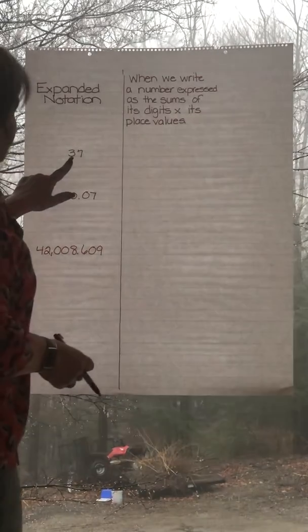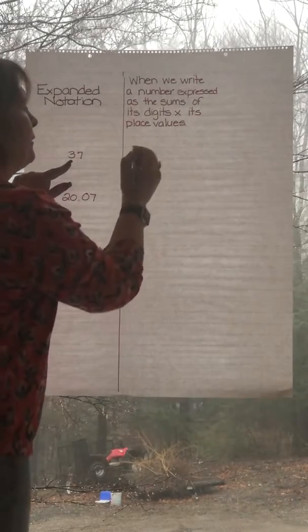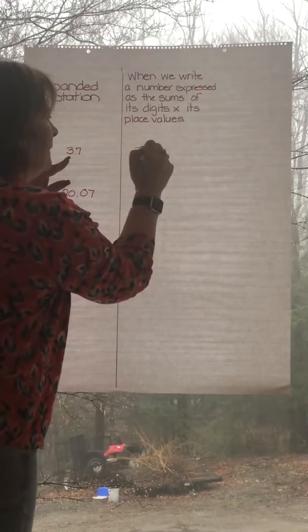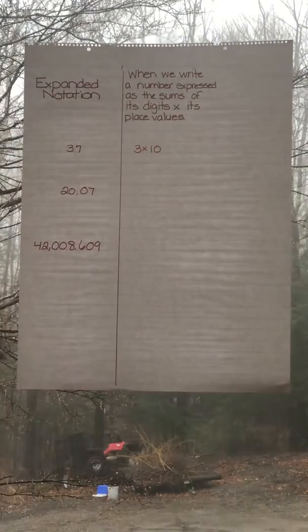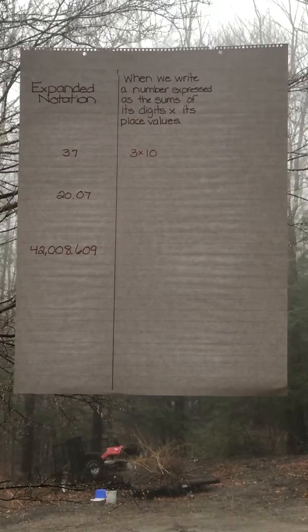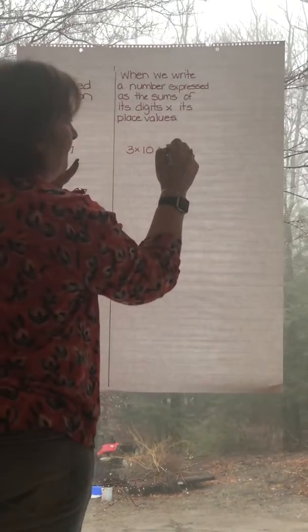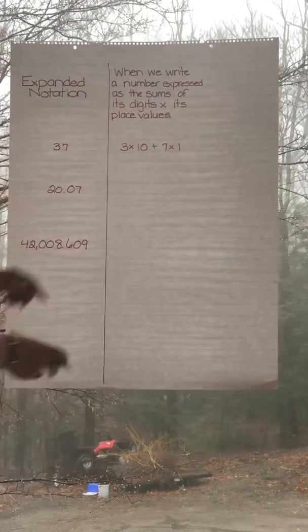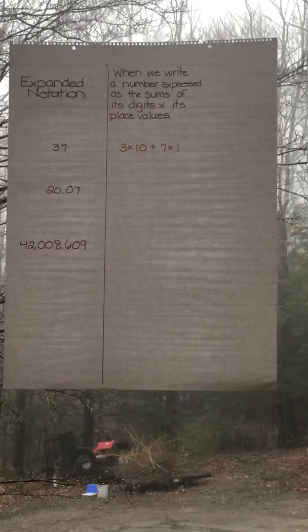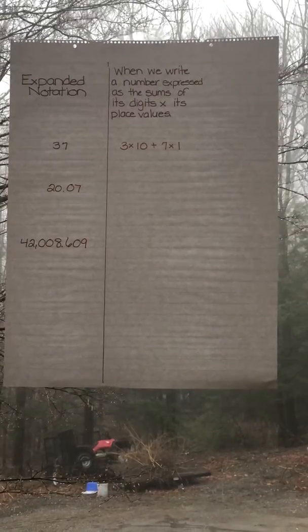So again, this is 37, so it's a 3 times its place value, it's in the tens place, plus the 7 times its place value, the ones place. And that's how this number is written in expanded notation.